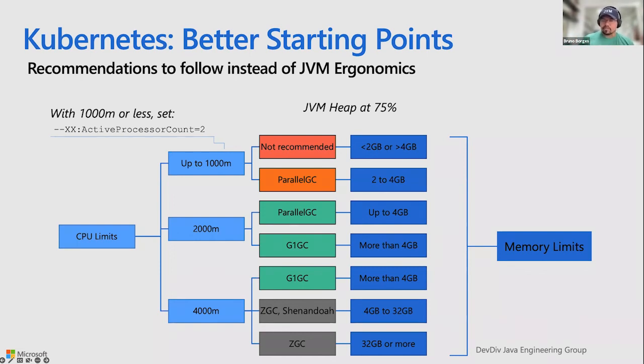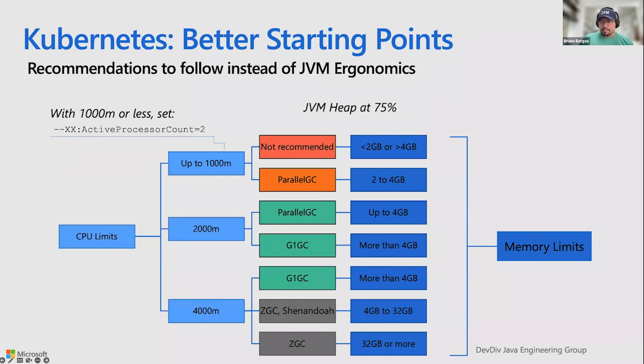If your application has 2,000 millicore, we recommend parallel GC or G1 GC, the selection of which will be based on the amount of memory. And one thing to be considered about G1 GC is that it consumes off heap memory. So even the percentage that you give, you may have to adjust that so that G1 GC can have off heap memory available to do its job.